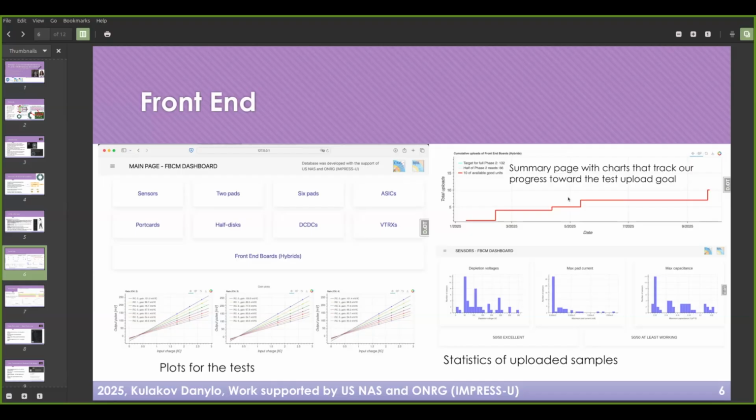So our target for front-end boards is 132. And when we reach that amount, we will see that we have finished that.